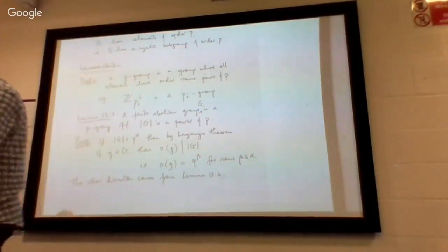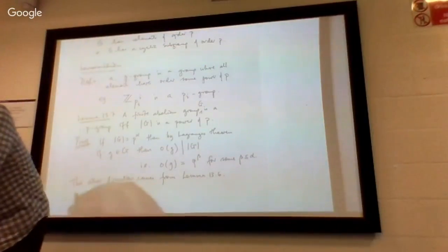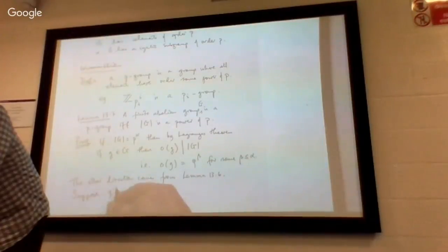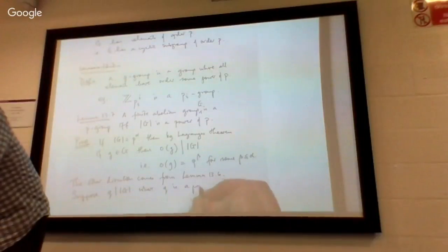So how does this work? Well, I think you can do it by a little proof by contradiction. Suppose q divides the order of G, where q is a prime distinct from p.